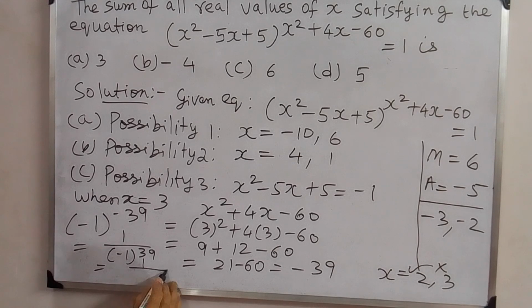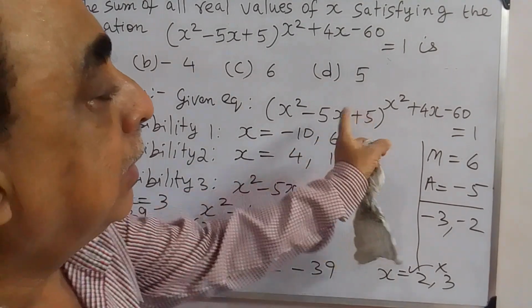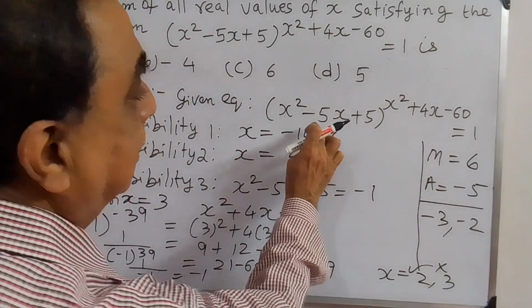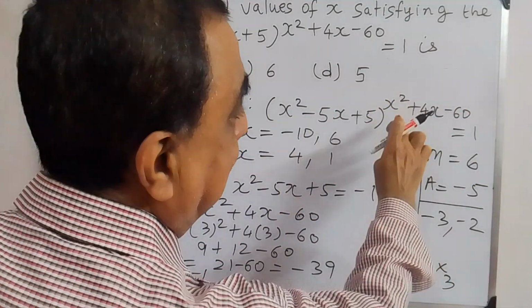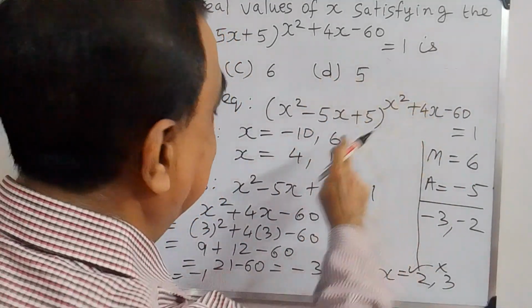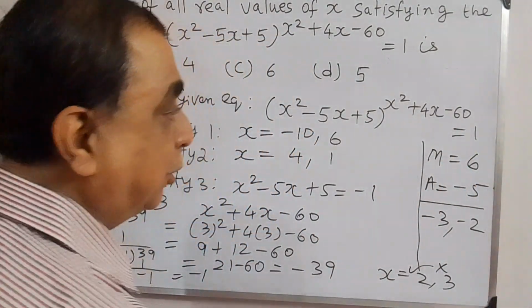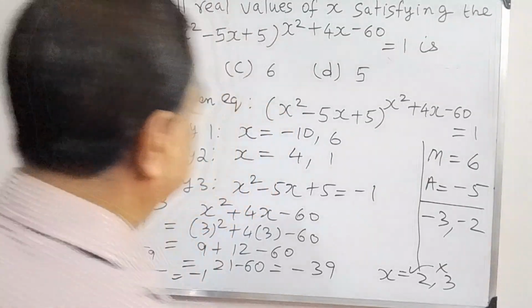So this becomes 1 upon minus 1, because minus 1 to the power 39 is minus 1. So 1 divided by minus 1 is minus 1. At that time, left hand side and right hand side will not be equal, because we are getting left hand side as minus 1, but the right hand side is given to us as plus 1. So 3 is not accepted.